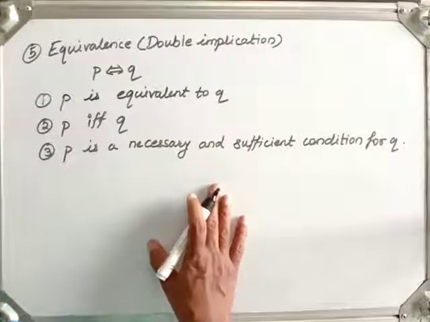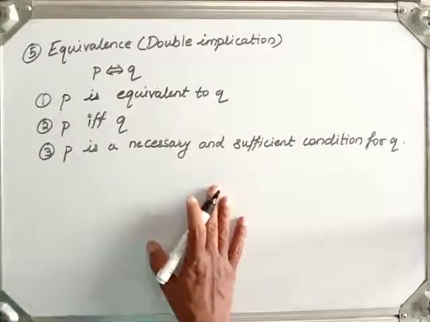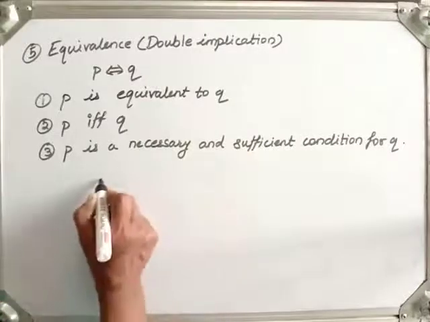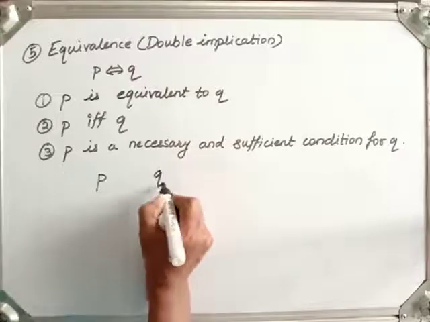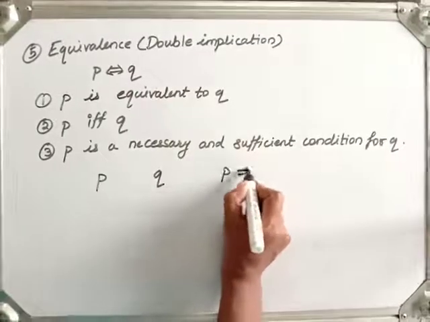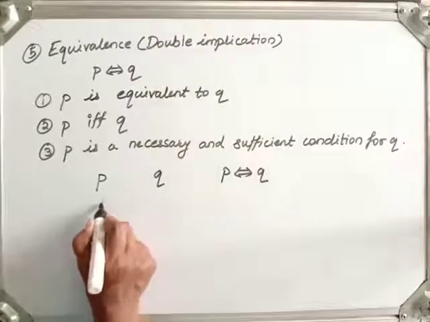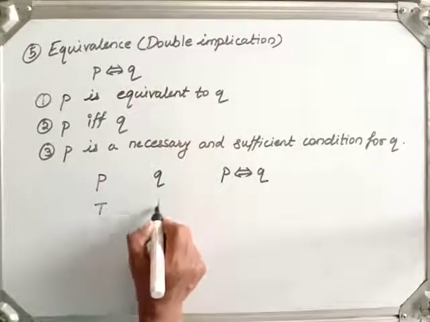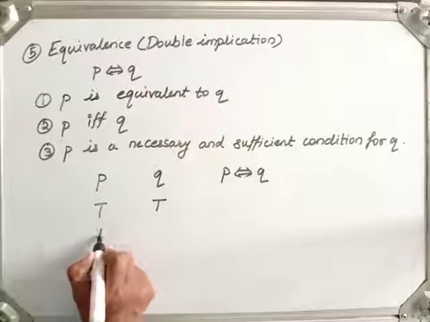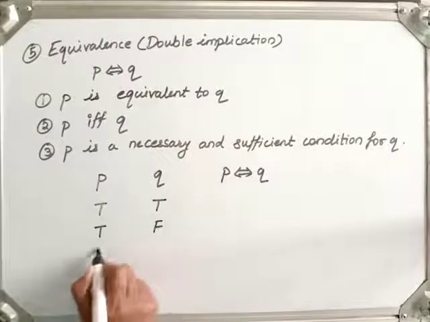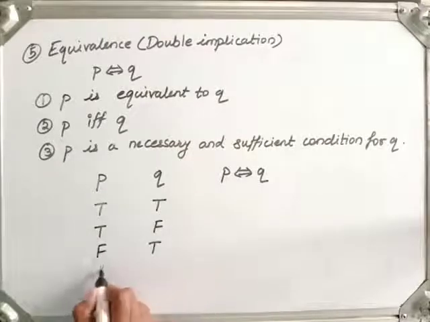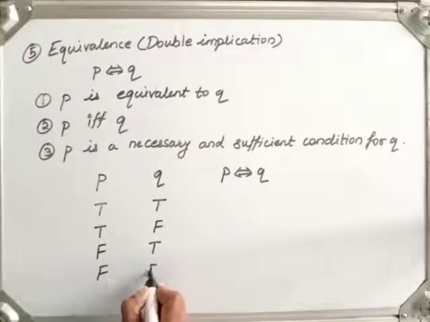Now let us see the truth table for this one. So P, Q, P if and only if Q. So same thing, the possibilities for P and Q, they are either true true, true false, false true, or false false.